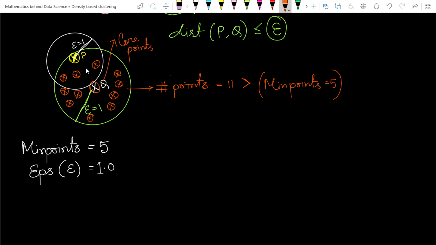Now let's see how many points we have in these white regions.